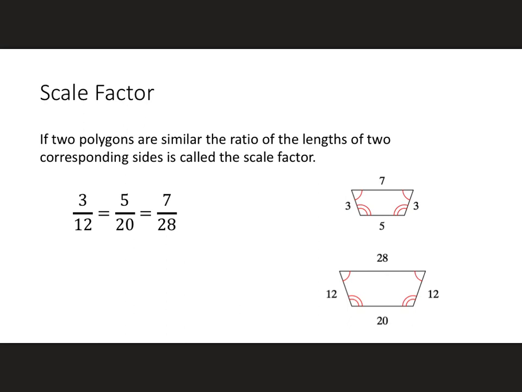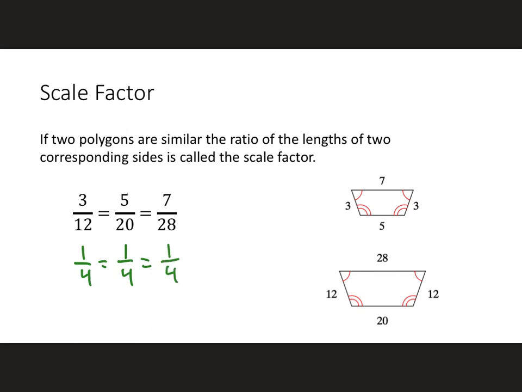Now we can attempt to reduce each of these fractions into a consistent scale factor. If you divide the numerator and denominator of 3/12 by 3, you get 1/4. 5 over 20 reduces to 1/4. And 7 over 28, dividing the top and bottom by 7, also gives you 1/4.